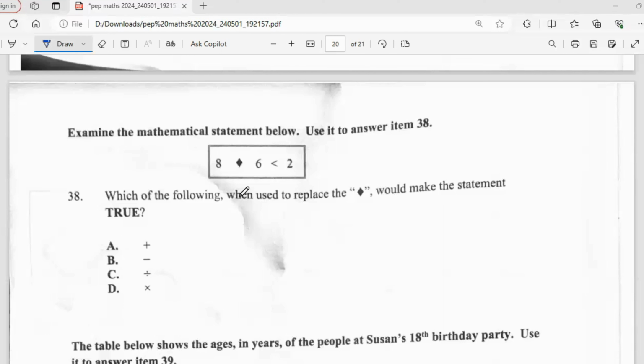When you divide 8 by 2, then it's going to be less than 2. Multiply, 8 times 6 is not less than 2. So 8 divided by 2 is actually 1.3. So the correct answer is C.